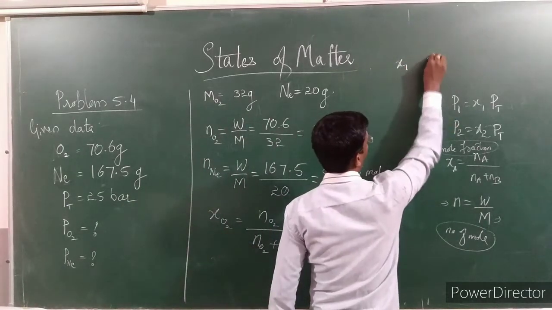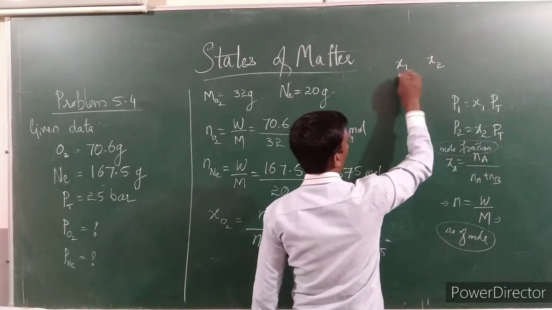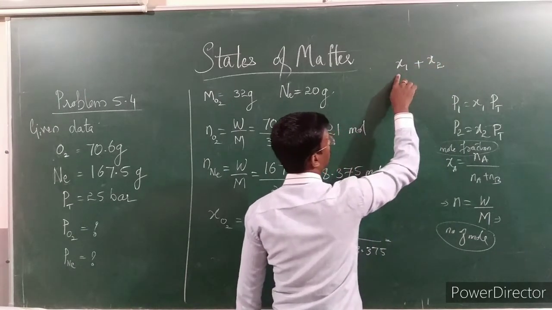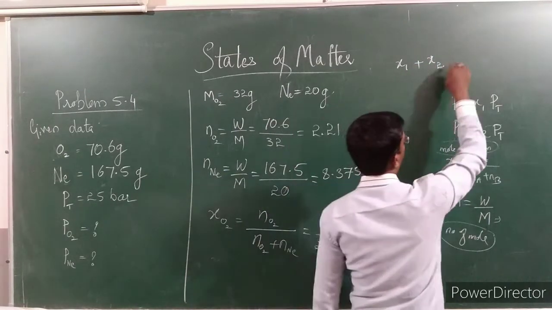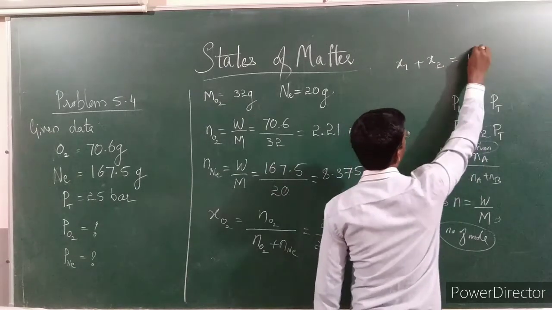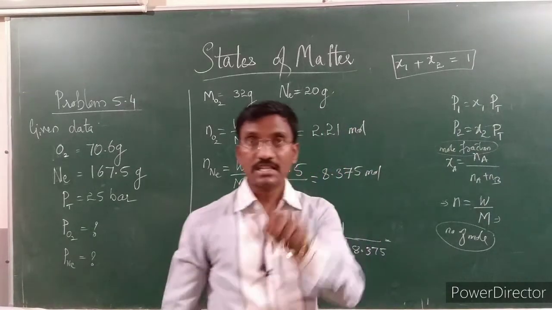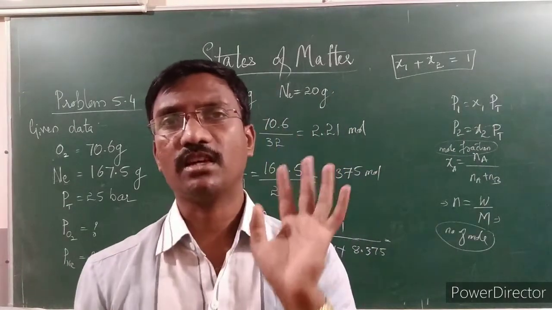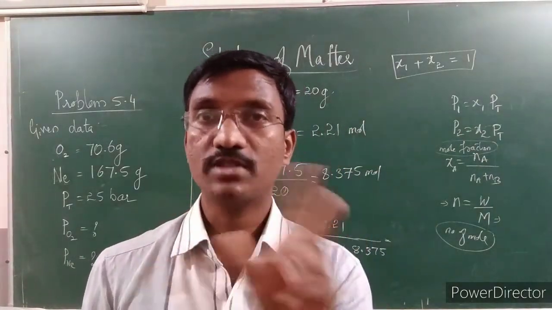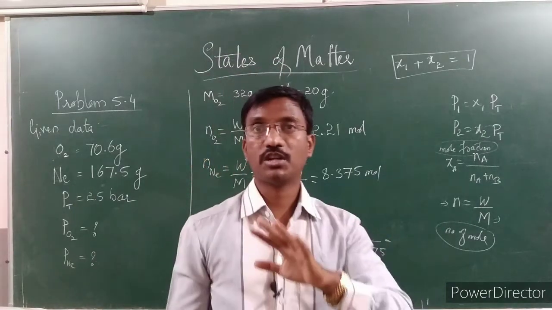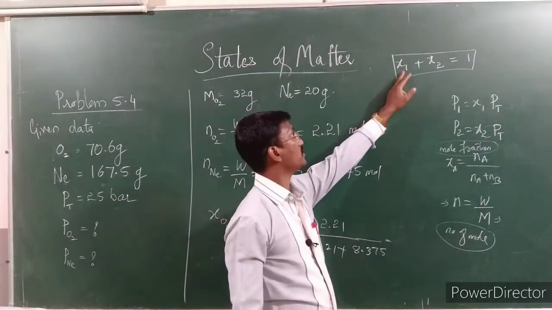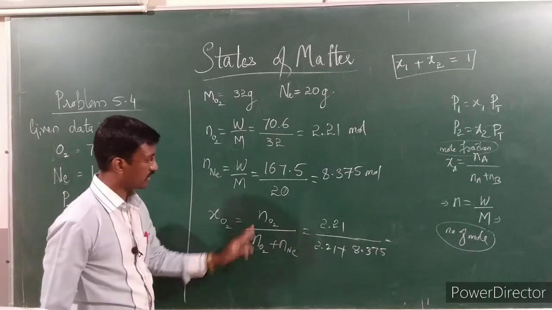Another one has the mole fraction x2, and together the mole fraction of the first gas and the mole fraction of the second gas always have the value 1. We are never bothered about which gas is present. The gas may be anything, but together the sum of the mole fractions, not pressure, I am talking about the mole fraction, is 1.